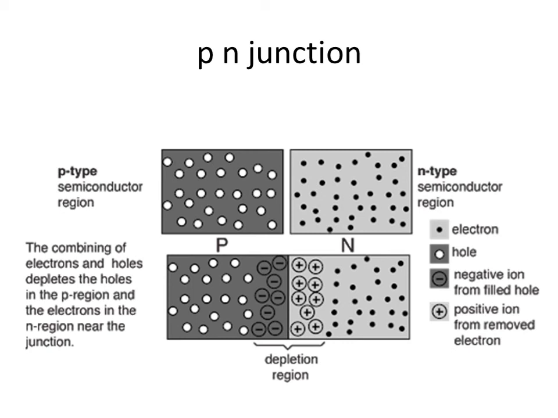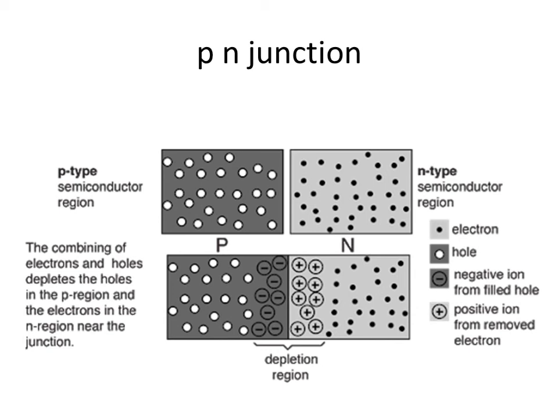When you have a plus or minus symbol written inside a circle, it means that is a charge which is due to the presence of an ion. Whereas if you have a positive charge on the p side, it is not encircled, which means it is a free hole which is capable of moving, whereas this encircled plus sign is not capable of moving.